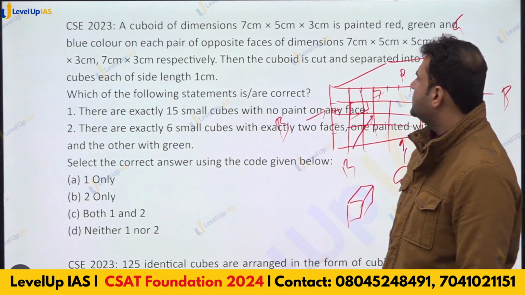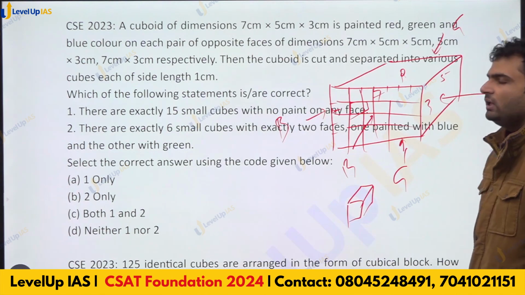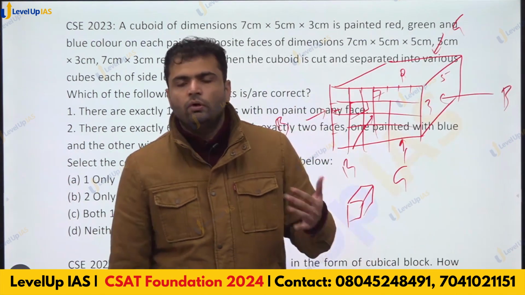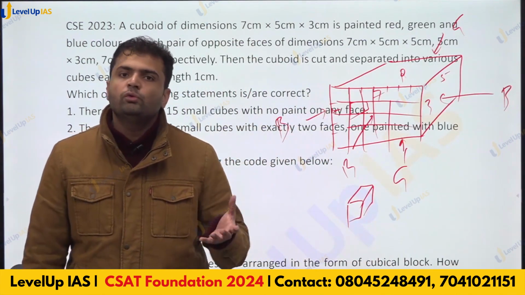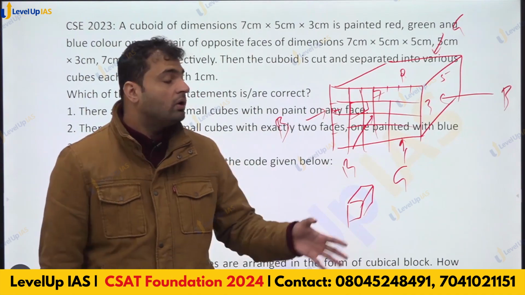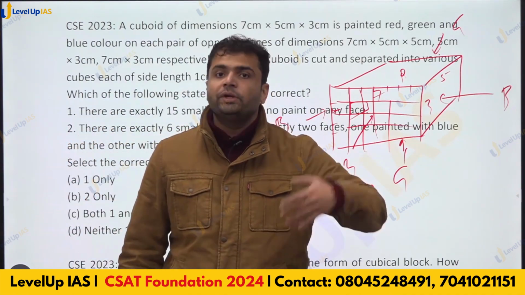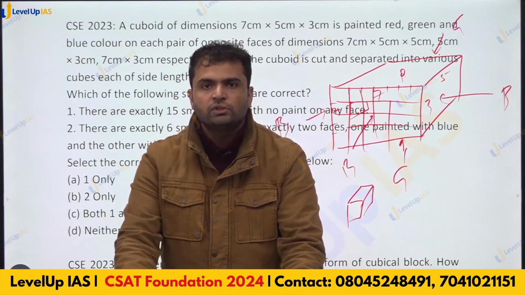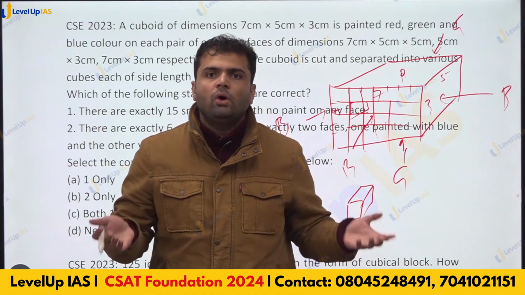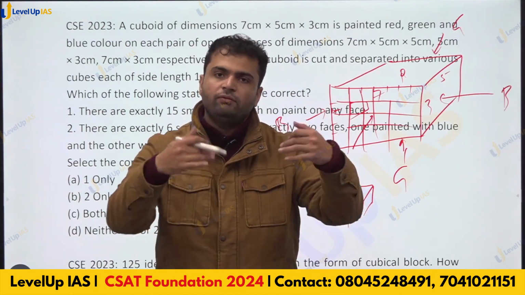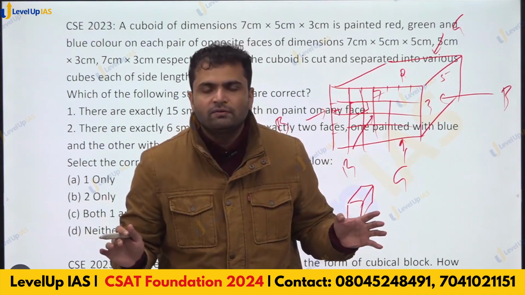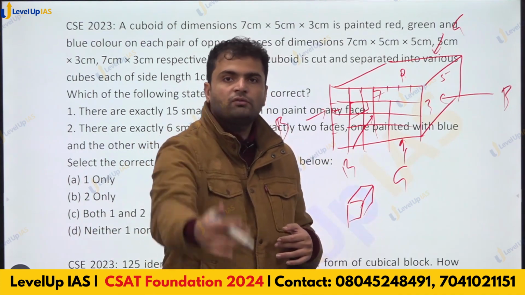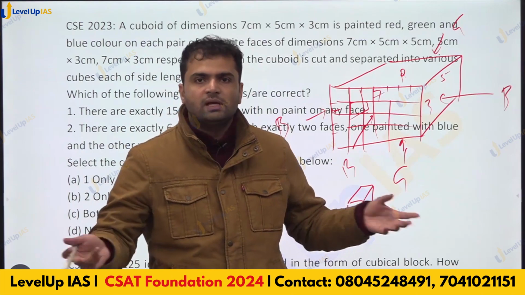There are exactly 15 small cubes with no paint on any face. Now imagine there should be no paint on any face of a cube. The cube cannot be on the surface. The cubes that are inside will all have no paint. But if the cube has even one face on the surface of the cuboid, then it will get painted. It's as simple as that.